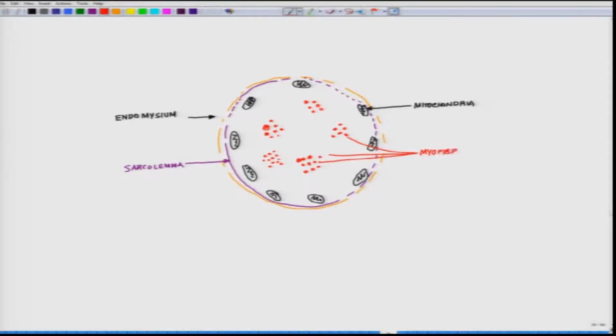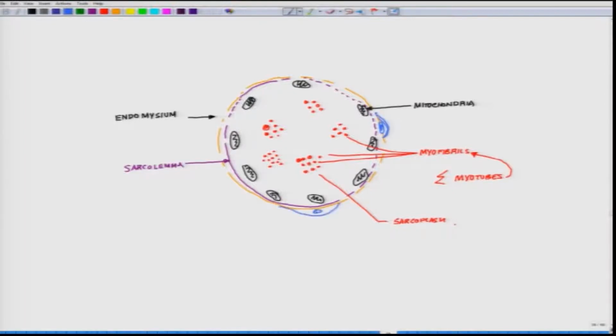Myofibrils, and I told you how the myofibrils originated. Myofibrils are the summation of the myotubes. They form myofibrils, and then you see this zone, this is called the sarcoplasm. And on the side you see something very interesting out here, a very special kind of big cells.